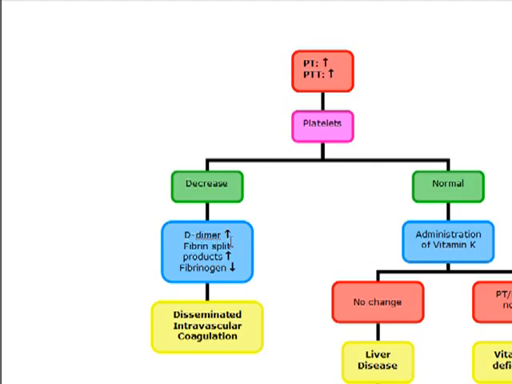Remember that the fibrinogen is going to be low because the fibrinogen is going to be consumed, okay? D-dimers and fibrin split products are going to be in increased amounts because all of the elements of the coagulation system are going to have been consumed, okay?